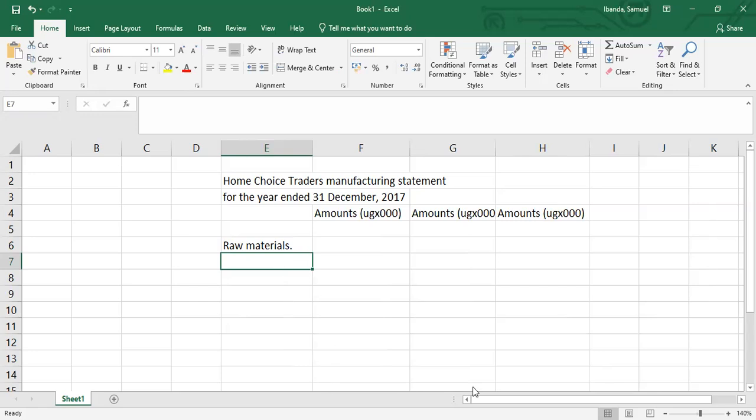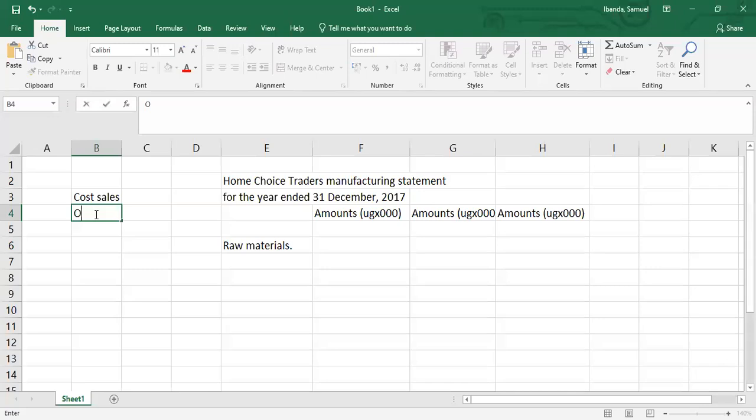For us to start on the raw materials, remember the same way we do for cost of sales. Here we are trying to determine the cost of raw materials. When we're doing cost of sales, we do opening stock, and then we add purchases and less closing stock.